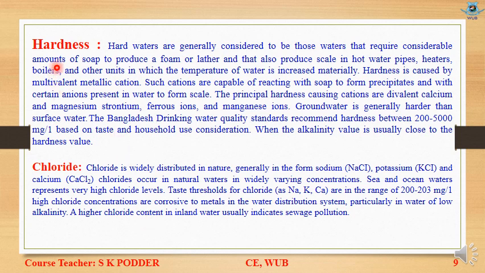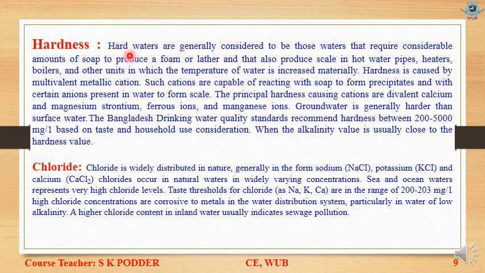Another parameter is hardness. What do you mean by hardness of water? Hard waters are generally considered to be those waters that require considerable amounts of soap to produce a foam or lather, and that also produce scale in hot water pipes.